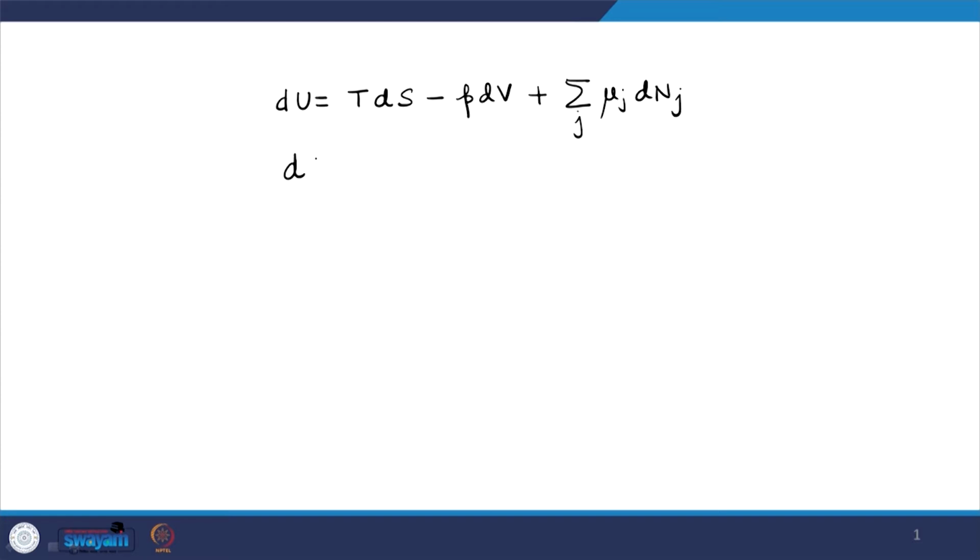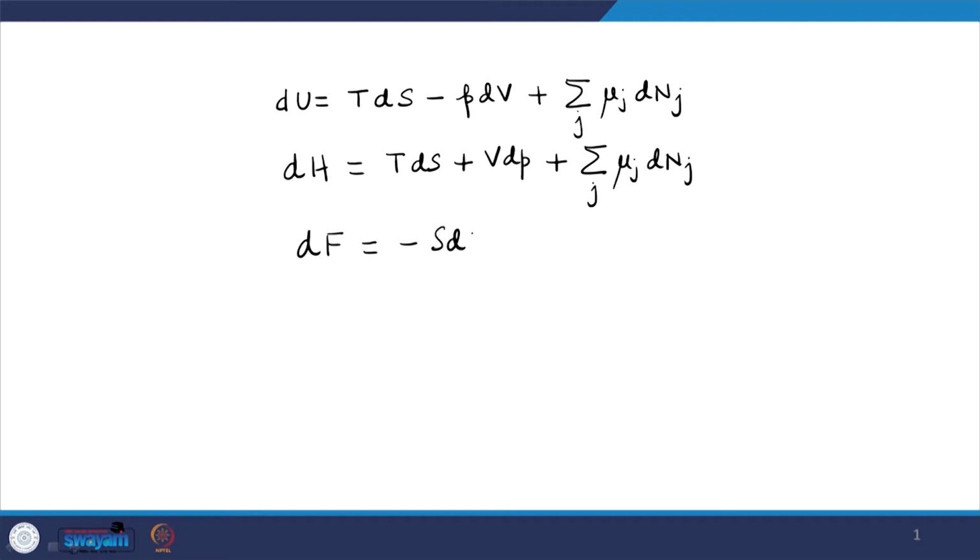So, you have dU equal to this, dH as we discussed, and dF is equal to minus SdT minus PdV for a one component system. Again we have the same term, and similarly for dG.